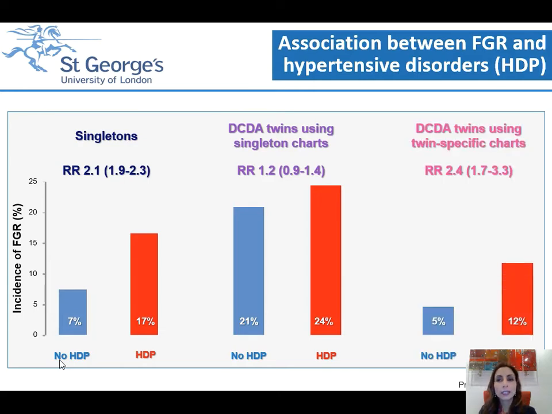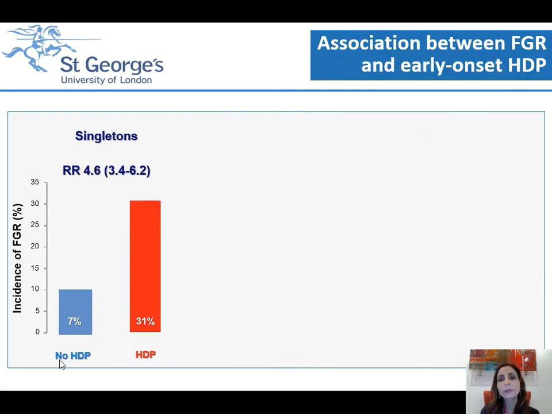But when they assessed the twins using twin-specific charts, they found exactly the same strength of relationship as we saw in singleton pregnancy. So the risk was twice. The risk of fetal growth restriction in hypertensive disorders of pregnancy in twin pregnancies was more than twice the risk compared to pregnancies that did not have hypertension or preeclampsia.